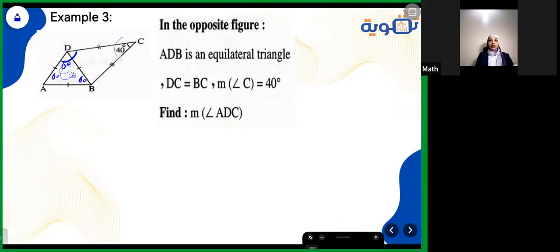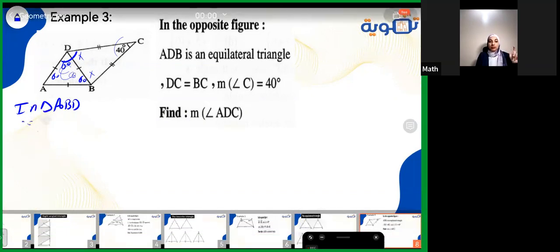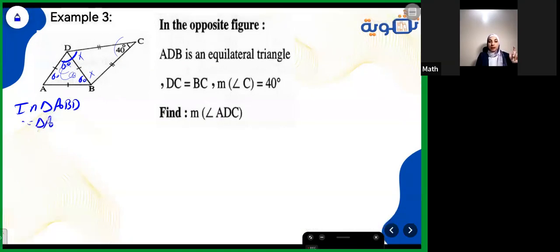Take the 40, divide the result by 2. You can find the other 2 angles. Let's try doing it. So in triangle ABD, since triangle ABD, or ADB as it's written here, is equilateral.